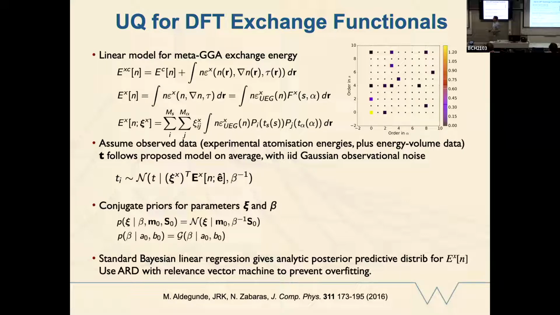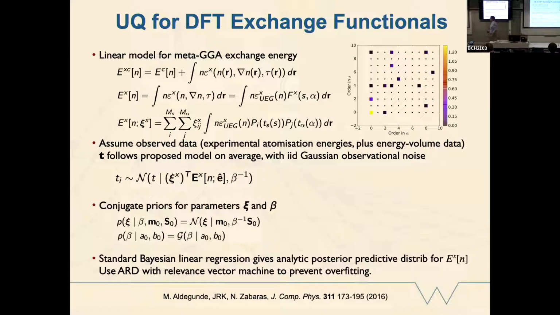So we assume that the data, which in this case is experimental observations of atomization energies, follows the proposed linear model on average, but with some contaminated noise from Gaussian limits. So we have a Gaussian distribution for each experimental observation, with our coefficients times our basis functions as the mean, and some precision.